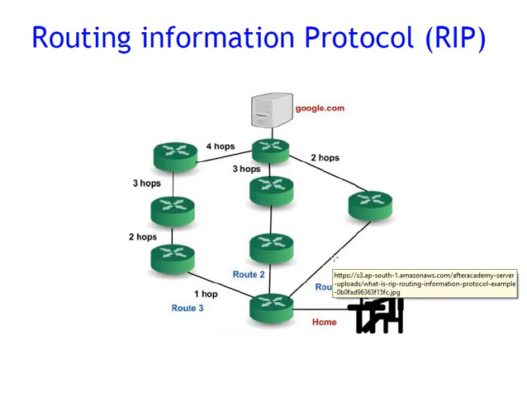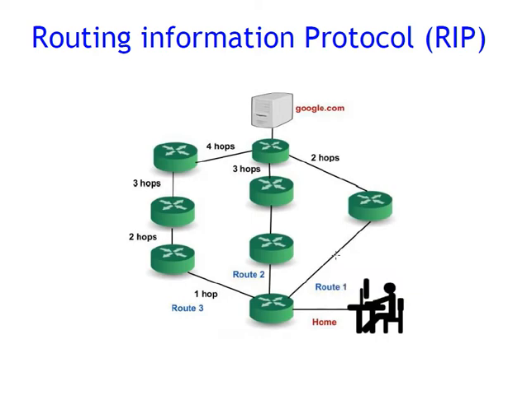It will always prefer to look for the shortest, minimum hop and maximum use of that particular bandwidth, rather than wasting that bandwidth. So that's why RIP performs according to that.